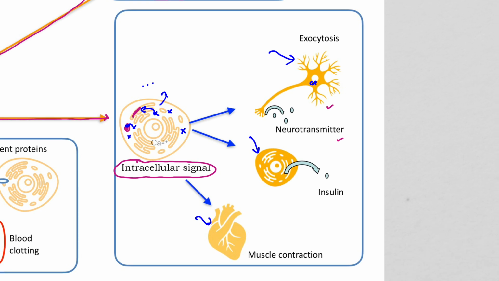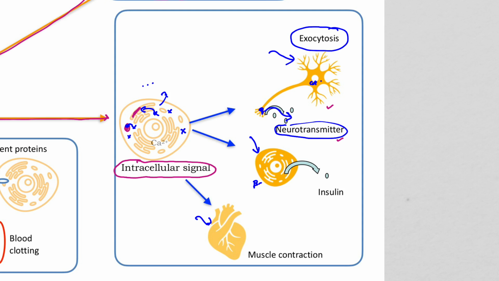For example, exocytosis. If it's a neuron, it will start releasing neurotransmitters. By exocytosis, these vesicles in the cytoplasm will fuse with the plasma membrane, and the chemical inside these vesicles will be released. So neurons will release all kinds of neurotransmitters.